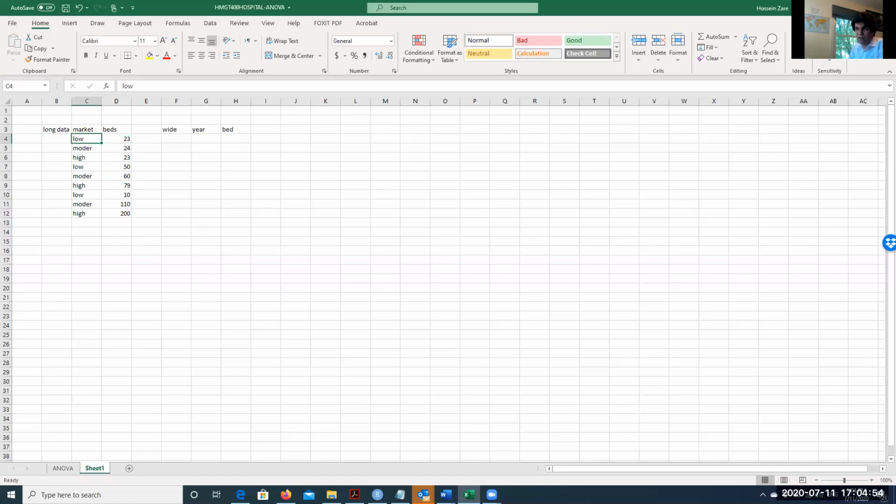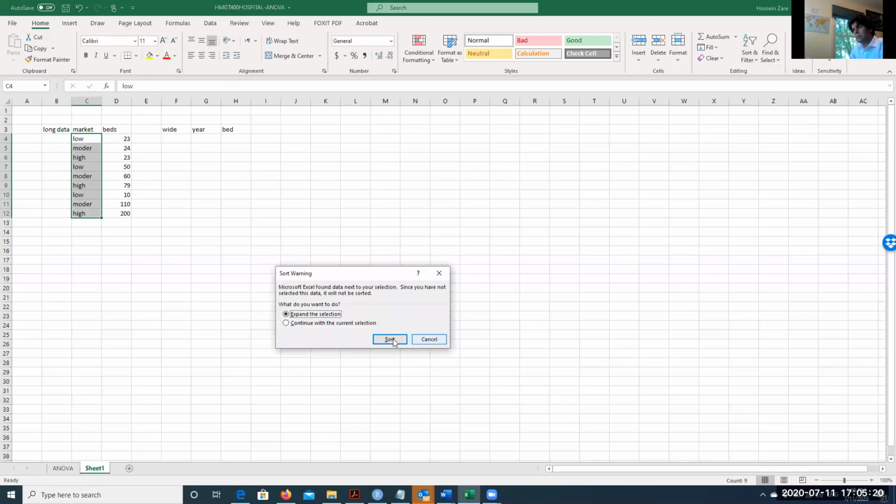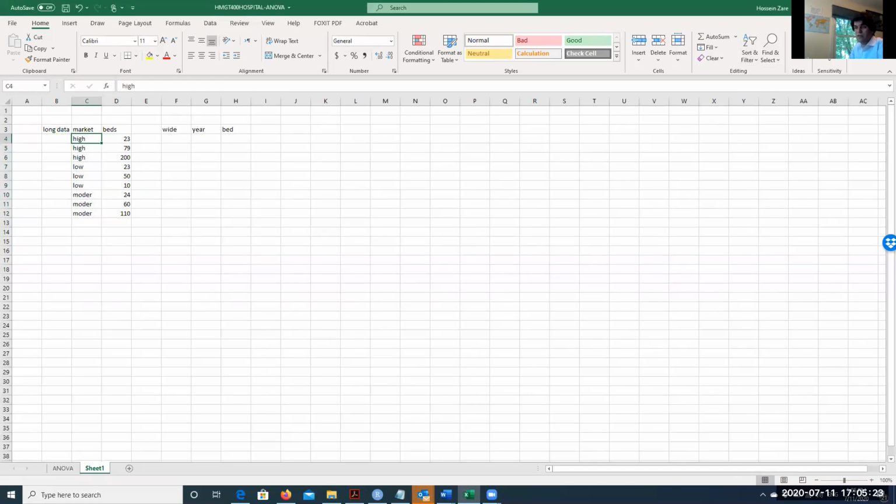This is long data. Long data has one variable to define the market, and another variable for the observation in that specific row. Here I have three observations for each market, and if I sort this, you can see it better. This is long data, and this is the class data.